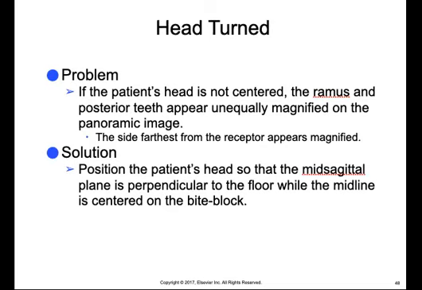The solution is to position the patient's head so that the mid-sagittal plane, the line given from the X-ray unit, is perpendicular to the floor, while the midline is centered on the bite block. Always make sure that the mid-sagittal line runs between their eyes, through the tip of their nose and through the tip of their chin. We want to make sure that vertical plane is perpendicular to the floor.